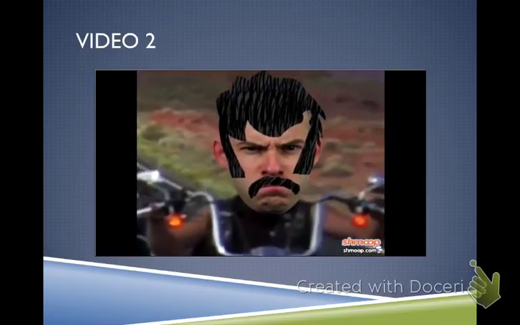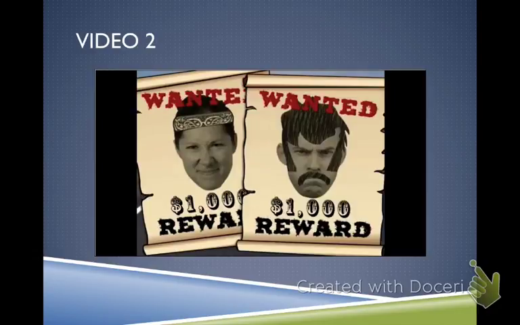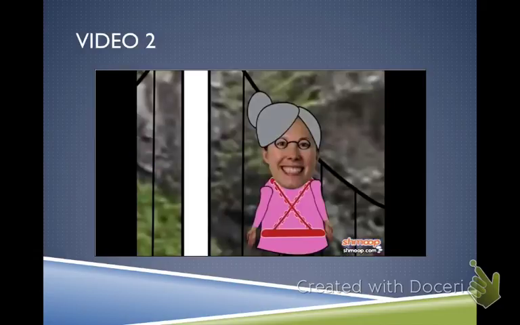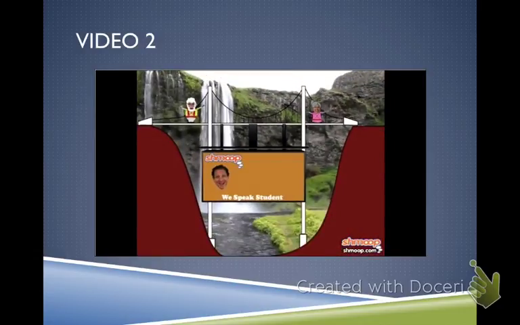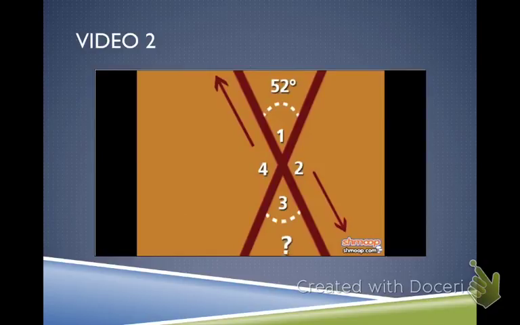They're also just as thrill-seeking as they were back then, too, but without the parole violations. So to celebrate, these 82-year-old daredevils decided to go bungee jumping together. Let's just hope they don't lose their dentures. If they both jump in opposite directions and don't hit each other, they'll make vertical angles. If the angle the bungee cords make at the very top is 52 degrees, what angle will they make at the bottom?